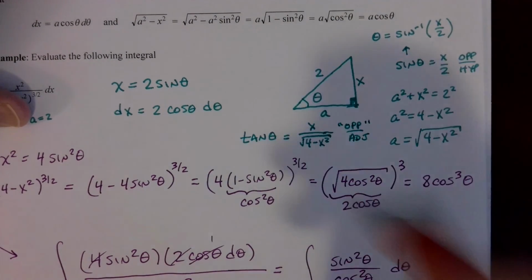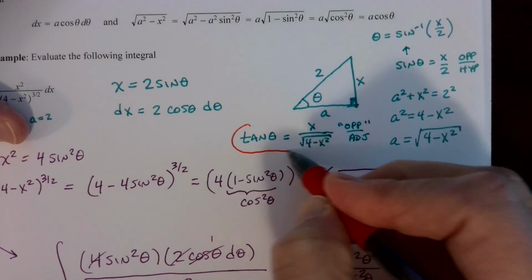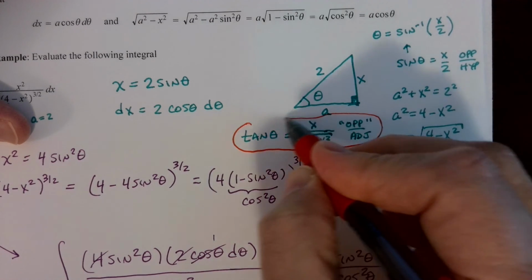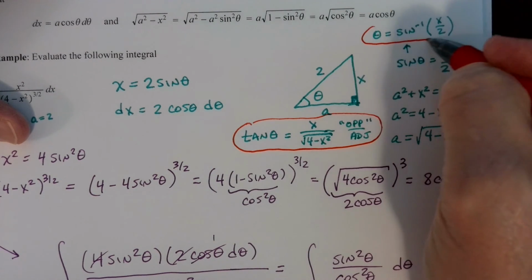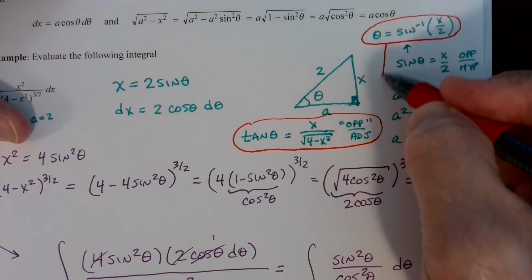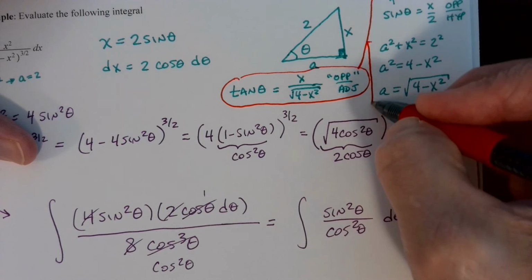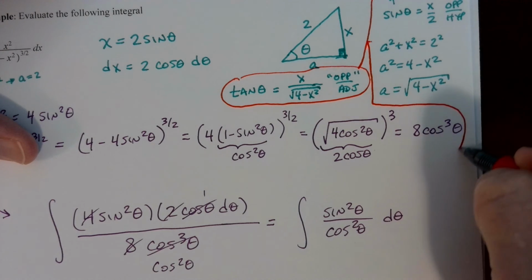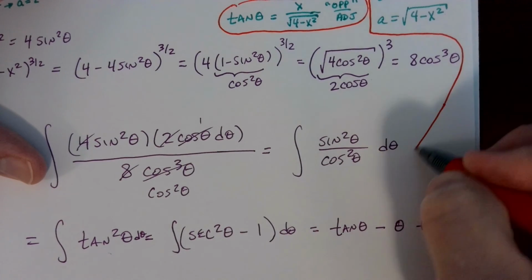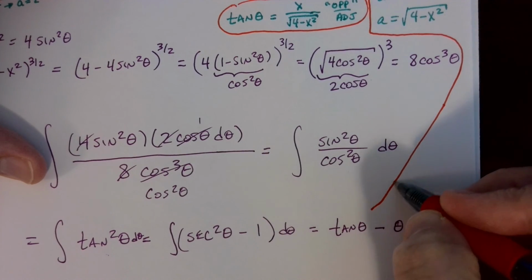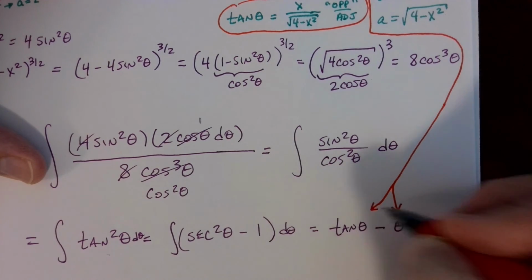All right, so the opposite over the adjacent. Okay, so this thing here, and of course this thing here, we're going to grab both of those things and bring them down, and use them to rewrite these things.